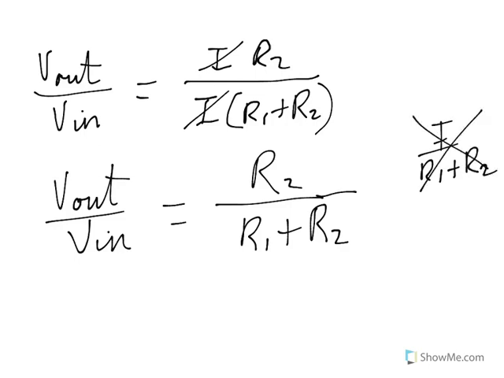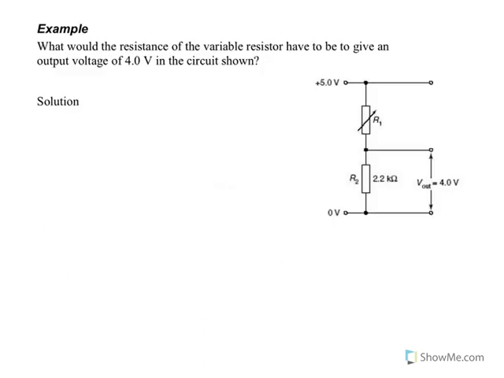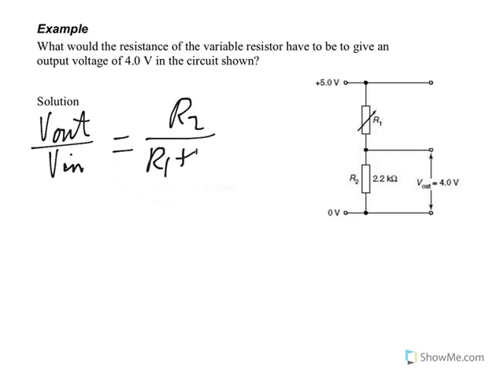I'll endeavour to have that corrected by the time you see this, just in case I haven't. Keep that in mind. So this is what we're after: V out over V in equals R2 over R1 plus R2.